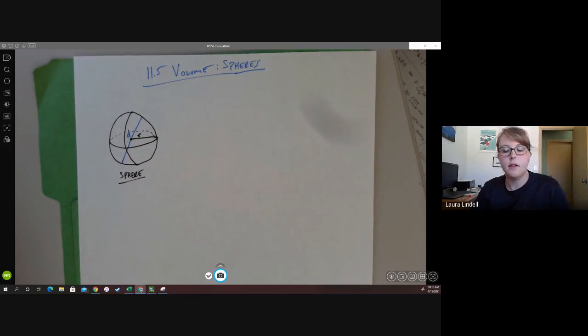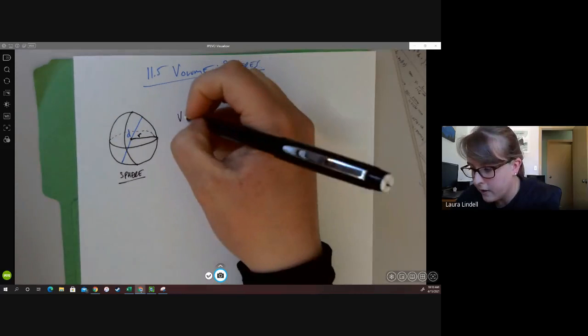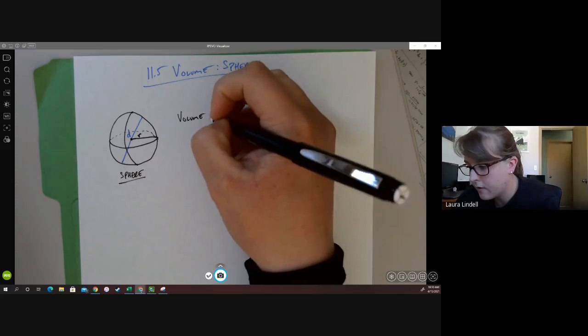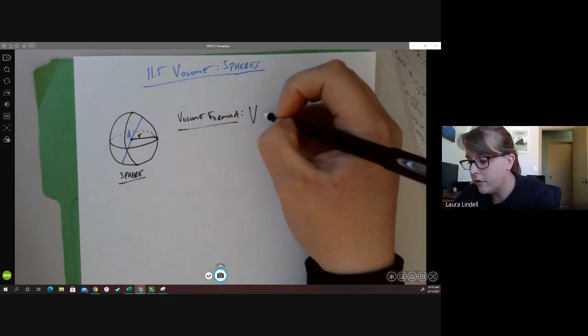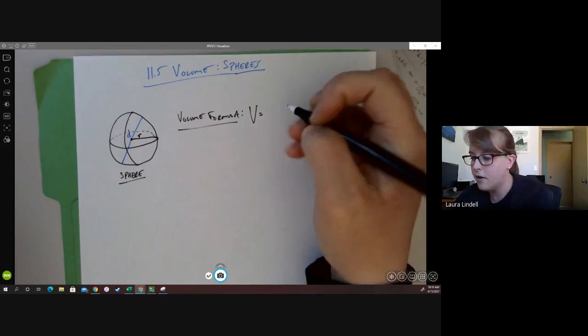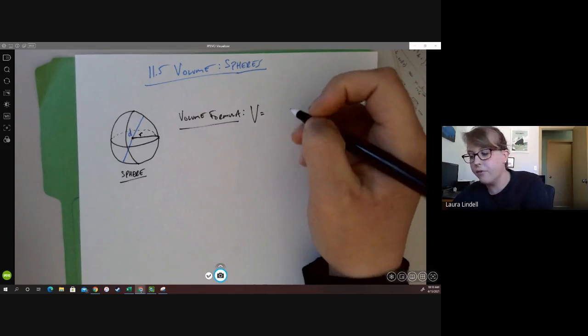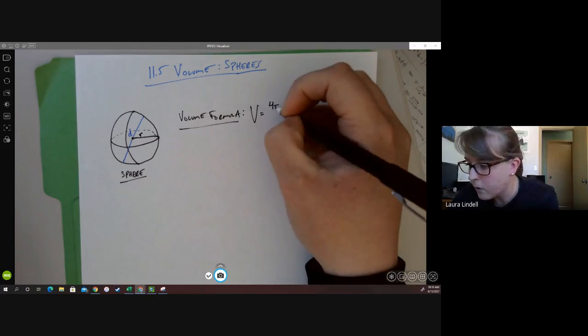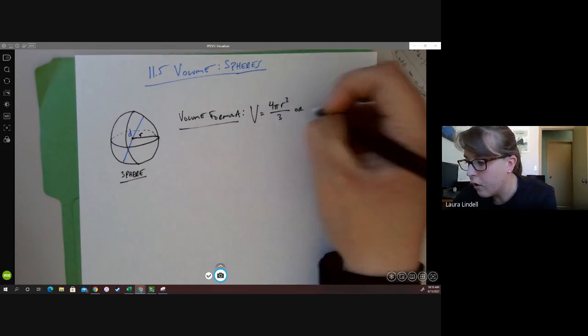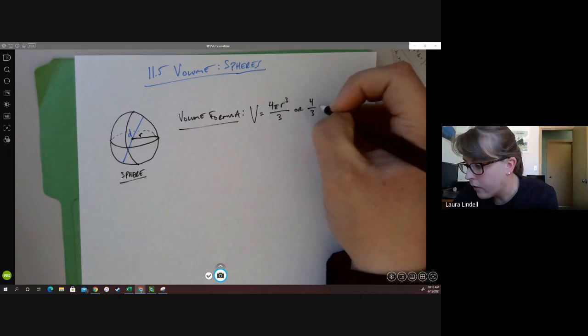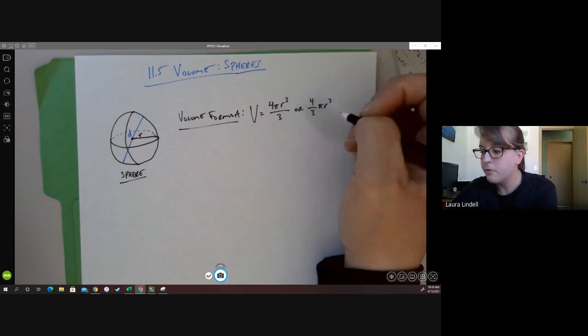Anyways, the volume formula. Volume equals, you're going to see it written two different ways. You can do 4 pi r cubed over 3 or 4/3 pi r cubed.